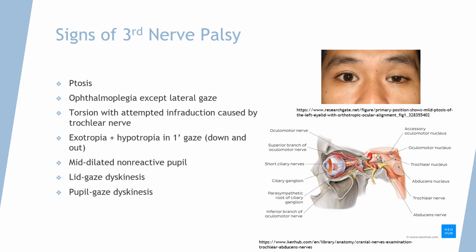Lid gaze dyskinesis is caused by new fibers from the medial or the inferior rectus connecting to the levator palpebrae superioris, and therefore upon down gaze or with adduction, there is upper lid retraction. Pupil gaze dyskinesis occurs when the inferior rectus or the medial rectus fibers project to the iris sphincter muscles. This will cause pupil constriction on down gaze or with adduction. Very interesting signs.